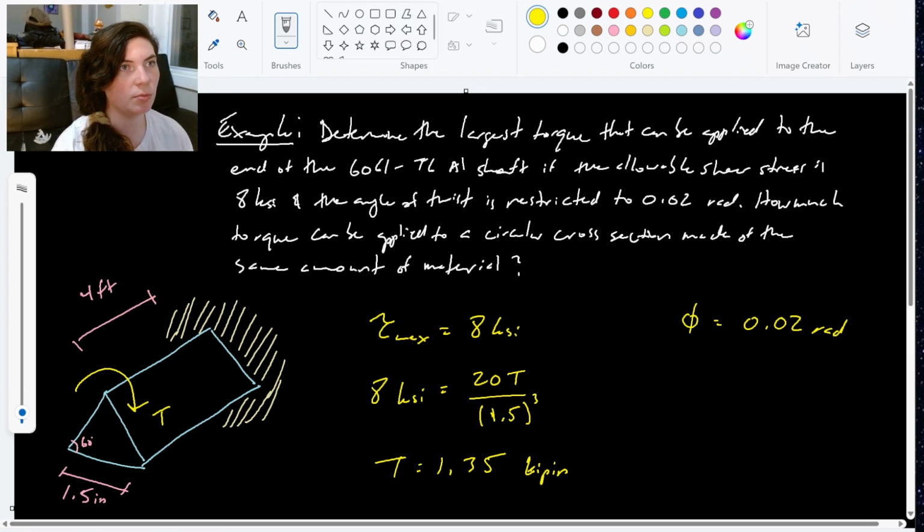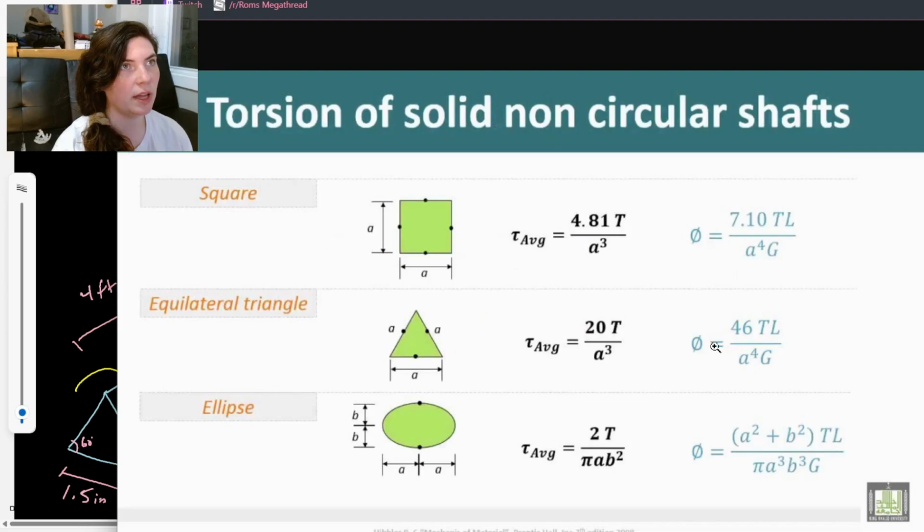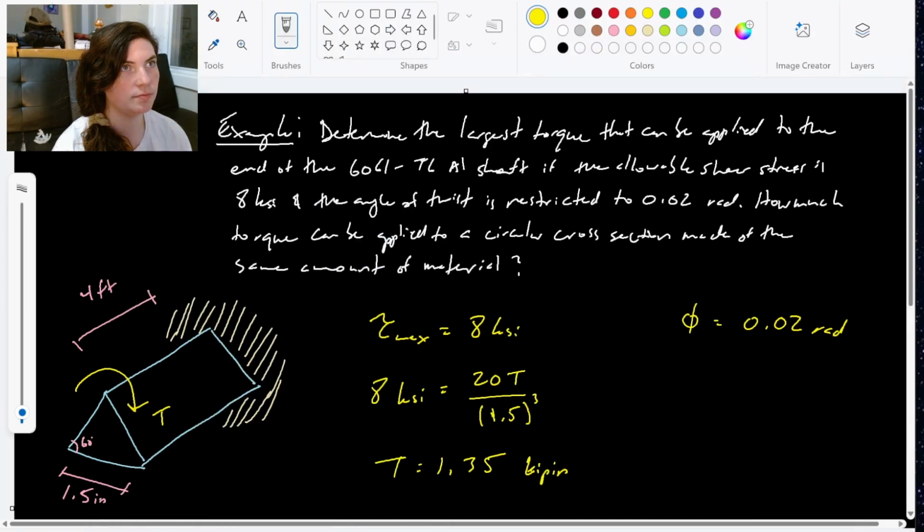Let's go ahead and look at my angle of twist equation for the equilateral triangle: 46 TL over a to the fourth G. So 0.02 equals 46 T times the length. Length is 4 feet, so I'm going to convert that to inches, 48 inches, over a to the fourth.